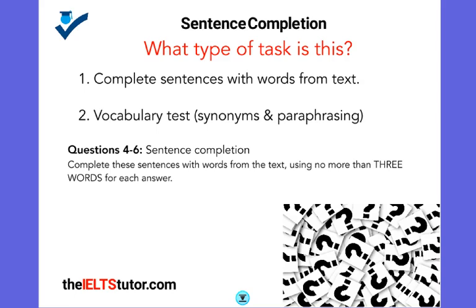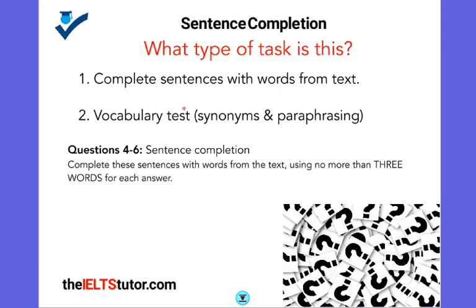Okay, if you've looked at previous IELTS listening or reading lessons, I think we have looked at certain strategies to employ to be able to do this. So make sure that you complete the sentences accurately with words from the text. This type of task is also a vocabulary test to check your understanding of synonyms and paraphrasing.